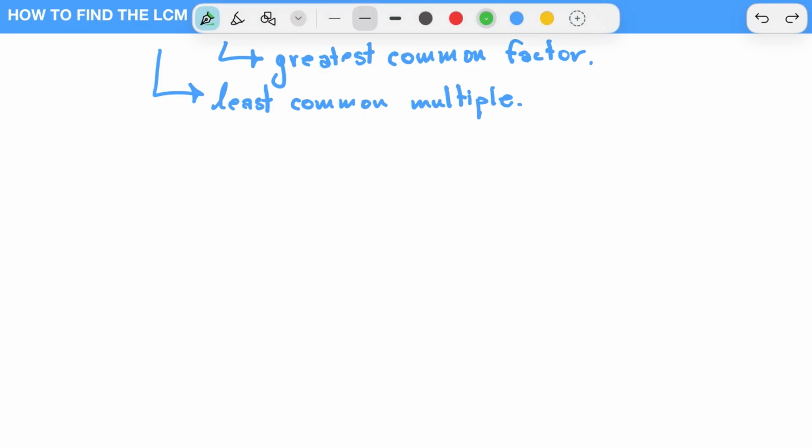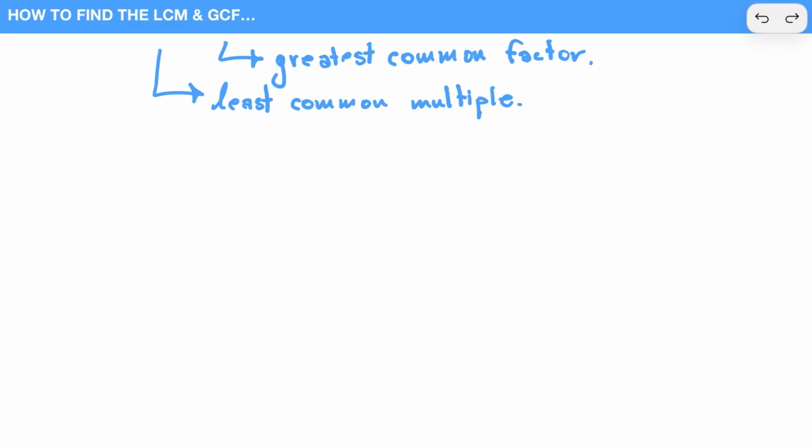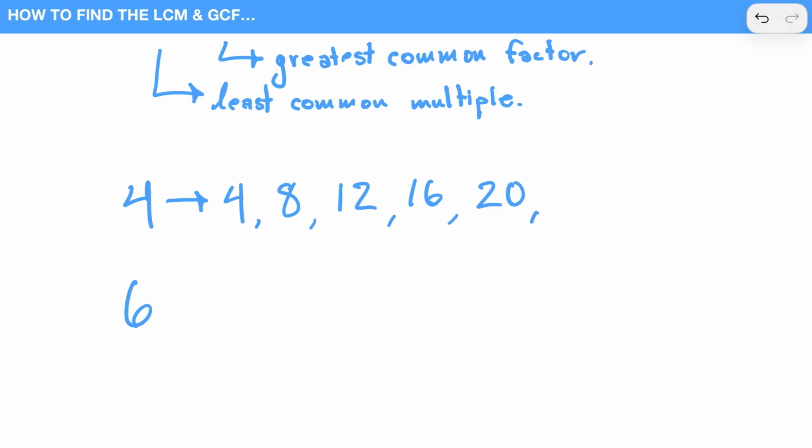Consider, for example, 4 and 6. What is the least common multiple of 4 and 6? Well, multiples of 4, what are those? We have 4, 8, 12, 16, 20, 24, and I could go on, but let's see if that's enough.